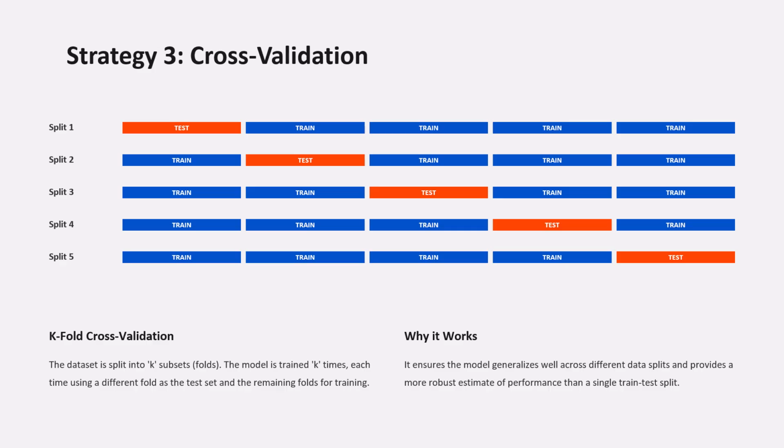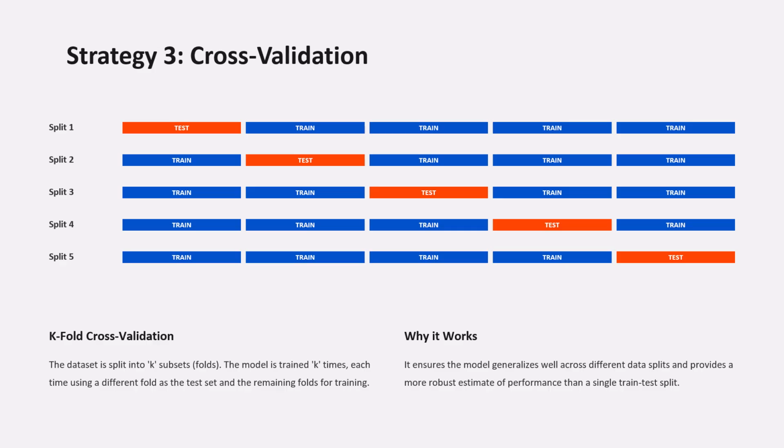That means we split our data into multiple chunks, or folds. We train the model multiple times, each time holding out a different fold for testing. This ensures our model's performance is not just a fluke.